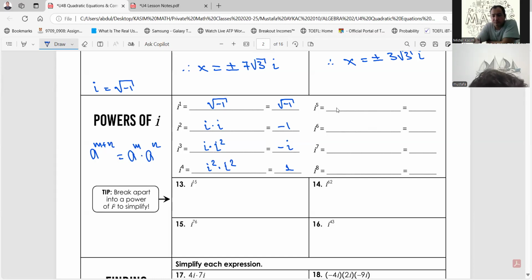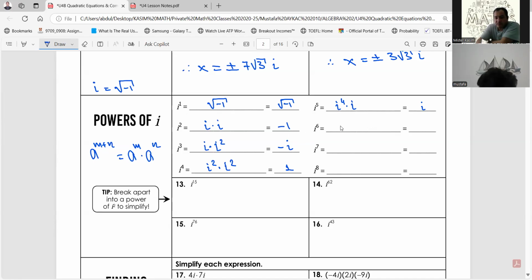So i to the power of 5, now I can write it as i to the power of 4 times i, right? And i to the power of 4 is equal to 1, so that's equal to i. You see how it is a kind of periodic, because now i to the power of 1, i to the power of 5, they're the same thing.